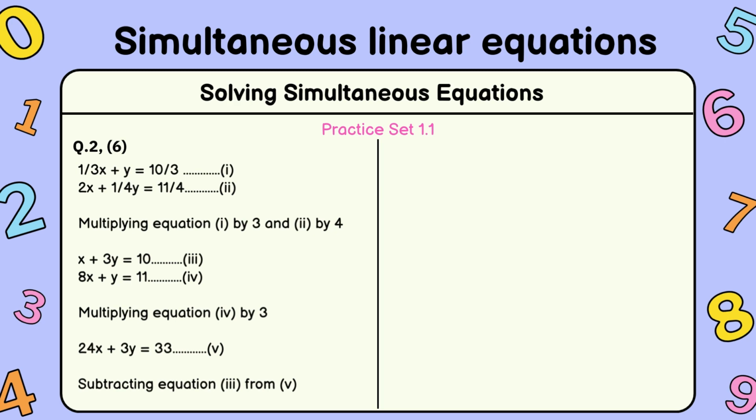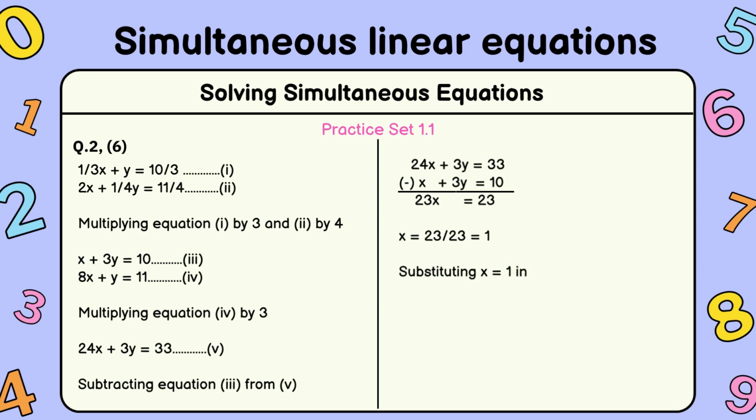So we'll keep the bigger equation at the top and the smaller equation at the bottom. So we'll subtract equation 3 from 5, and by that 24x minus x will become 23x, 3y minus 3y will become 0, that is nothing, and 33 minus 10 will become 23.